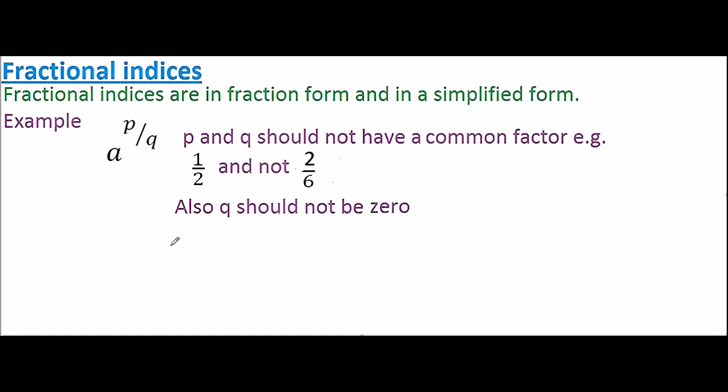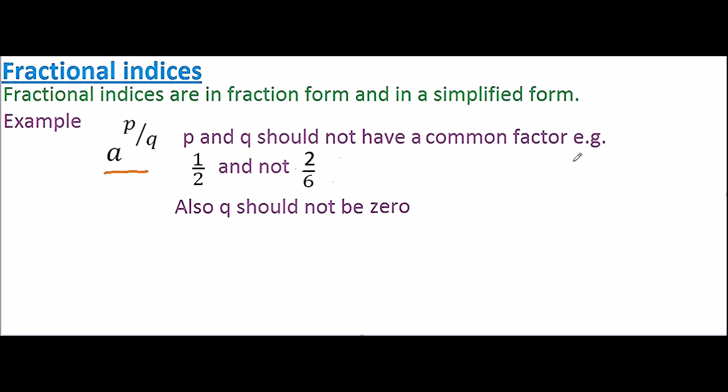So in this section we are going to look at fractional indices. Fractional indices are in fraction form and in simplified form. For example, a to power p over q. In this case, p and q should not have a common factor.